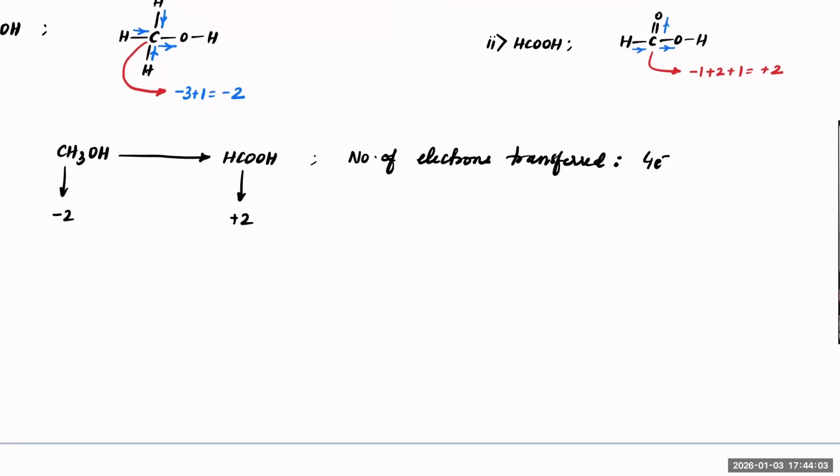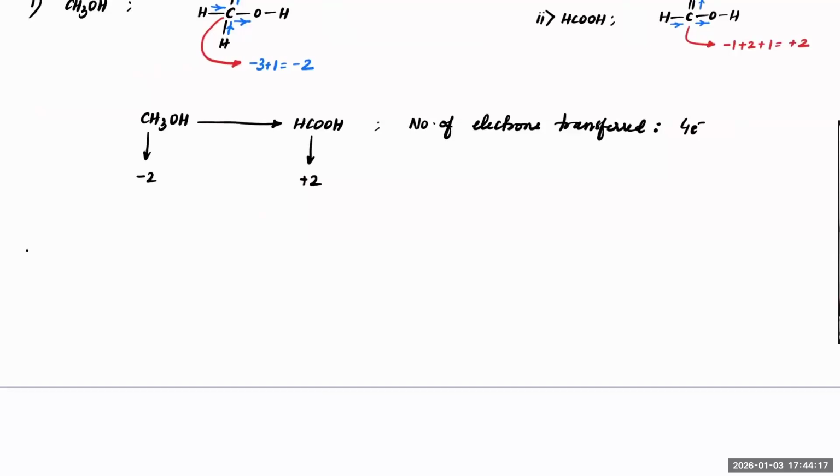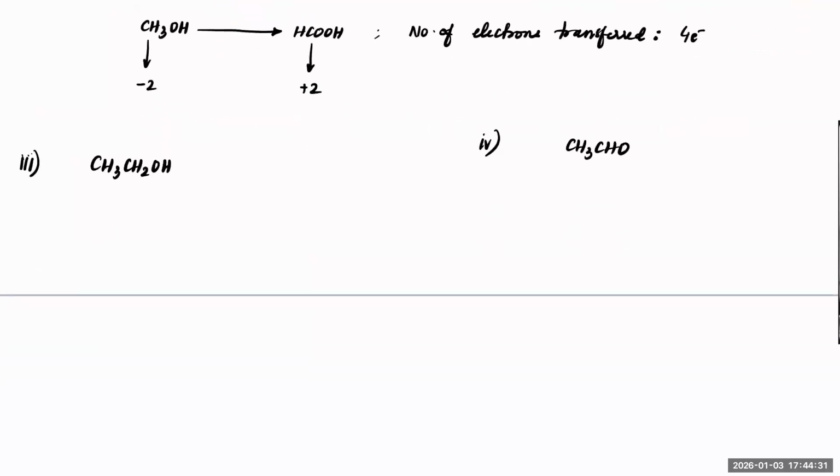Okay. You see, clear beta? Right. If you have CH3CH2OH, and the fourth one, I have CH3CHO.